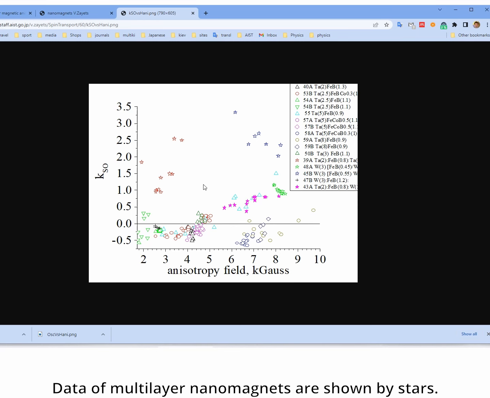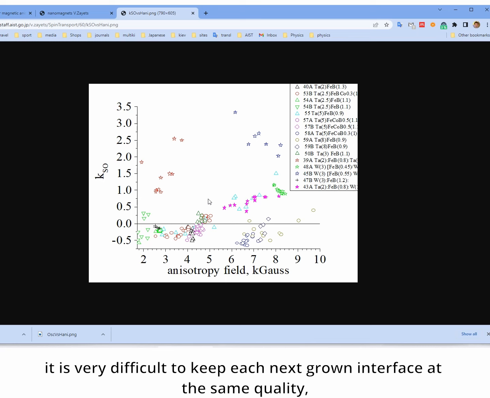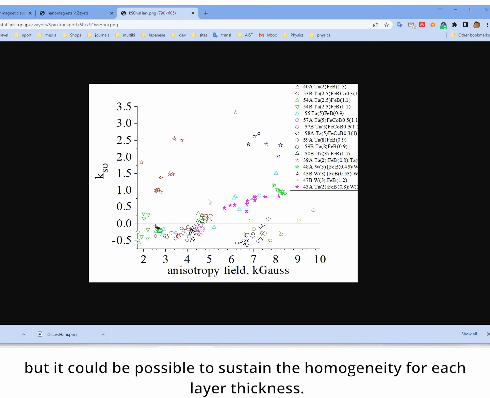Data of multi-layer nanomagnets are shown by stars. In case of a multi-layer nanomagnet, it's very difficult to keep each next grown interface at the same quality, but it could be possible to sustain the homogeneity for each layer thickness.